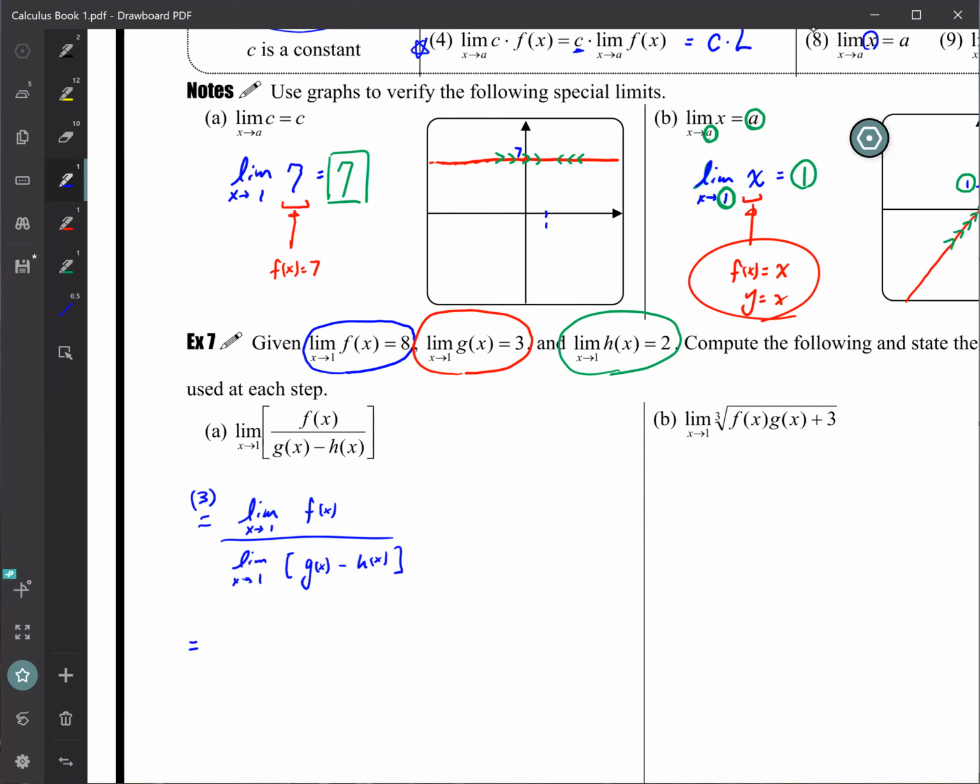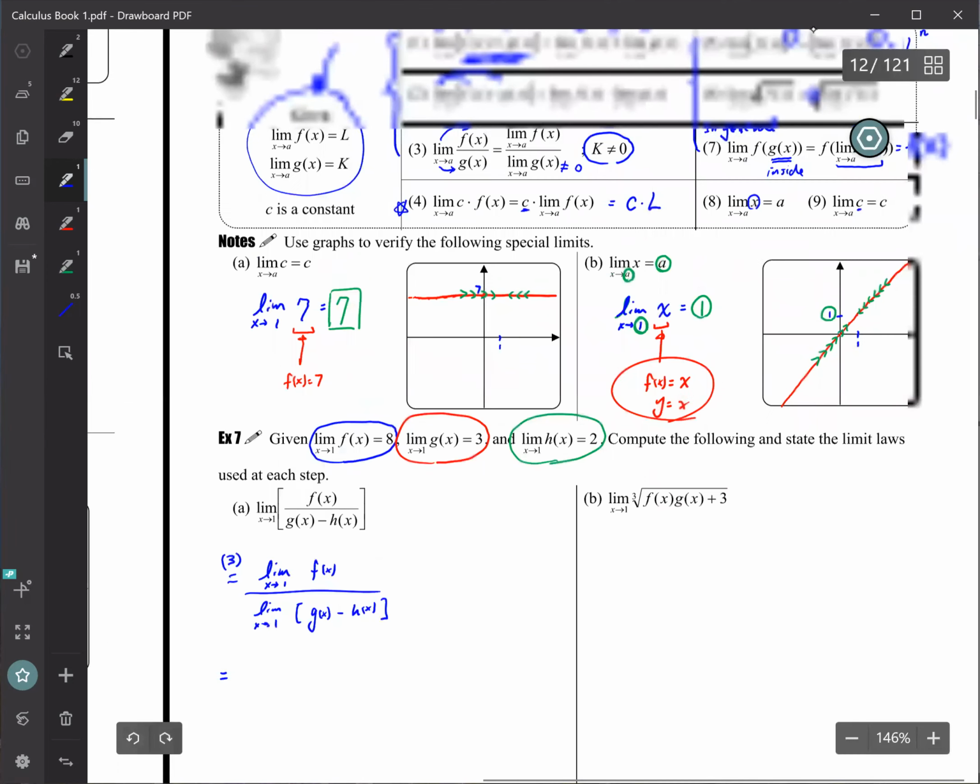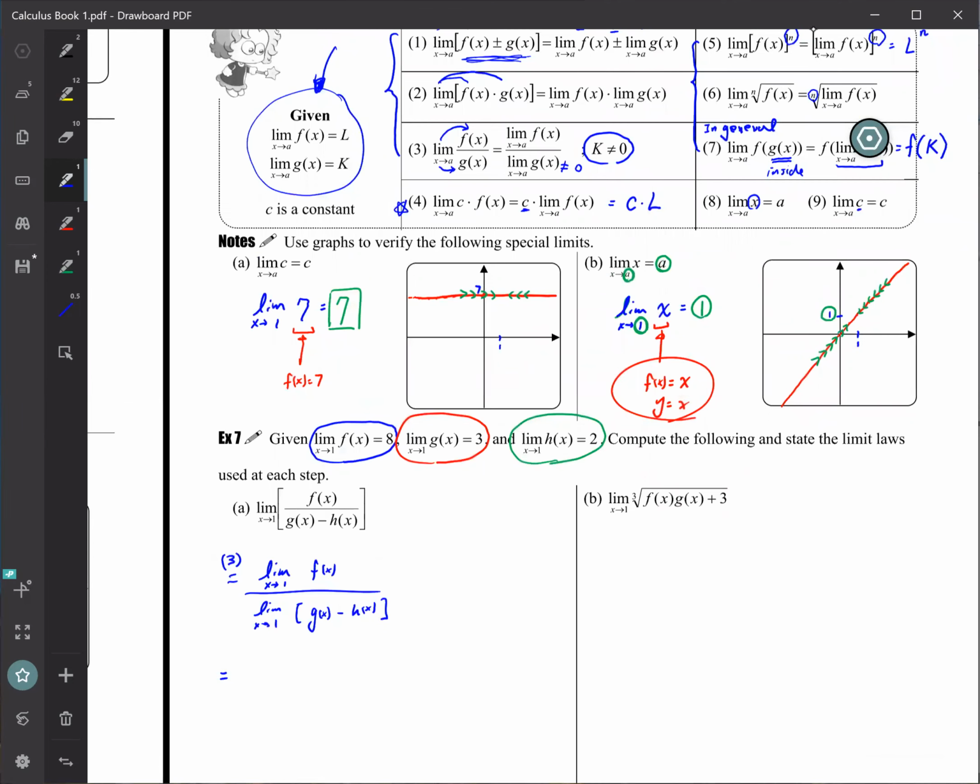So you see, it's a lot of writing, right? And then the next part, which law do you think we can apply next, Emily? Which law do you think we can apply now? I guess you could apply the first one to the denominator. Yeah, very good.